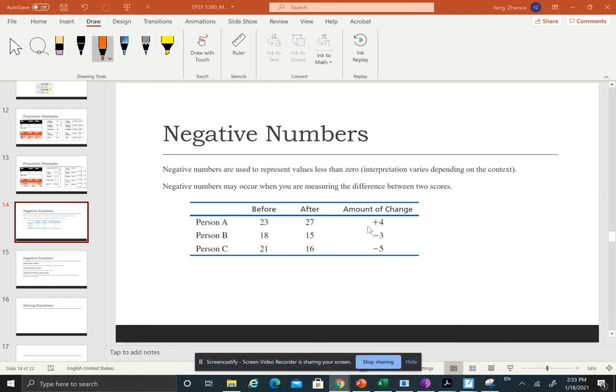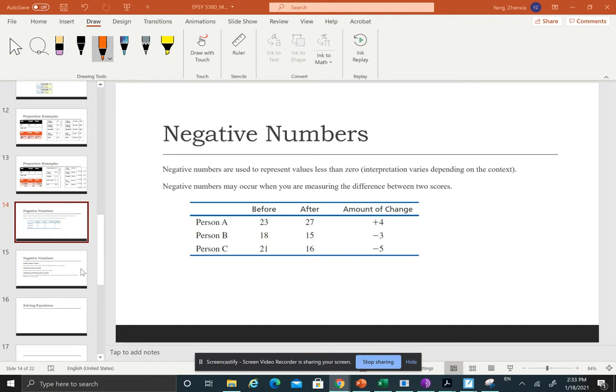And then we see in the change there are negatives. The negatives in this case mean the change becomes smaller. And we see that 15 after the activity, the score is smaller than 18.